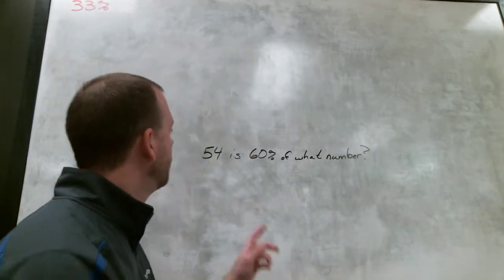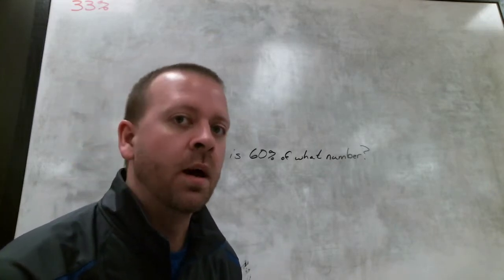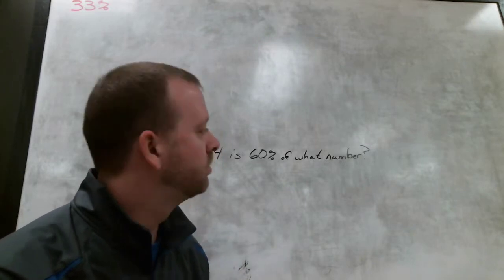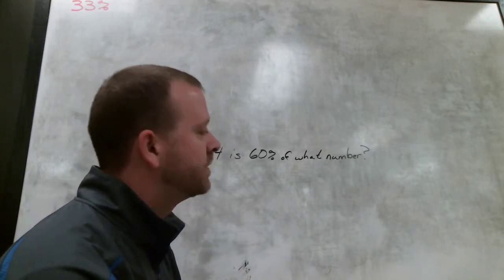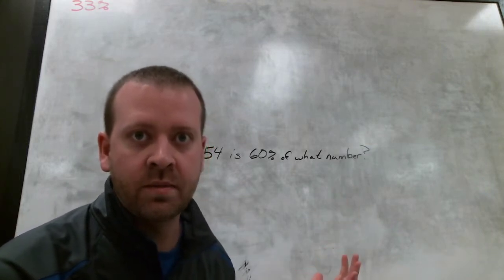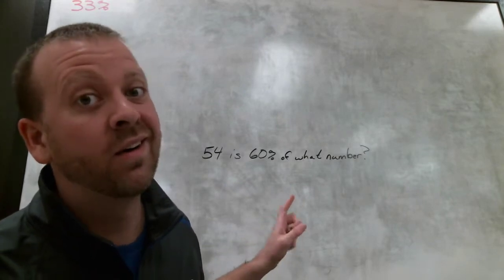All right. Up here on the board I have: 54 is 60% of what number? Before it had been, okay, what is 60% of 75 or something like that? The answer to this is not 75. I just pulled that number out of the air, so don't think he gave us the answer.